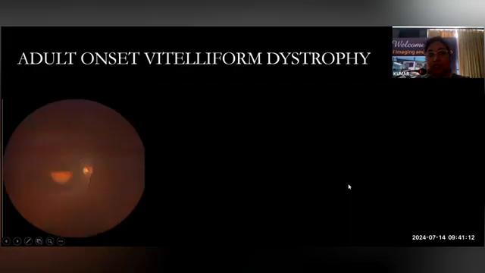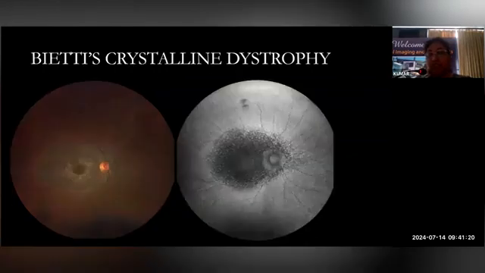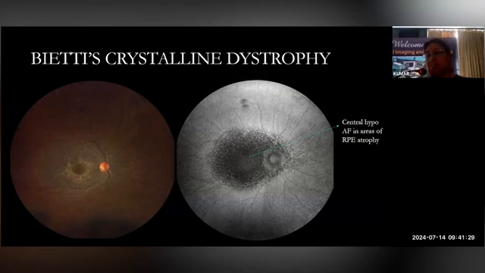In adult onset vitelliform dystrophy, we see hyper-AF from the lipofuscin-laden fluid in the subretinal space. In Bietti's crystalline dystrophy, central hypo-AF is noted in the areas of RPE atrophy, which may not be as clear in the color fundus as it is in fundus autofluorescence.